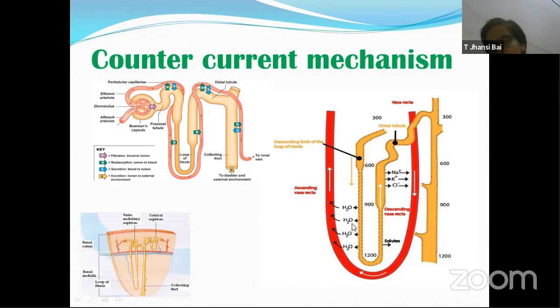We want water to be reabsorbed so that urine can be hypertonic. Now, from where are we getting sodium? Sodium is reabsorbed over here, and that maintains the concentration, which we call osmolarity. Similarly, a small quantity of urea is also absorbed to maintain concentration in this region, so that water can be made to come out through osmosis.